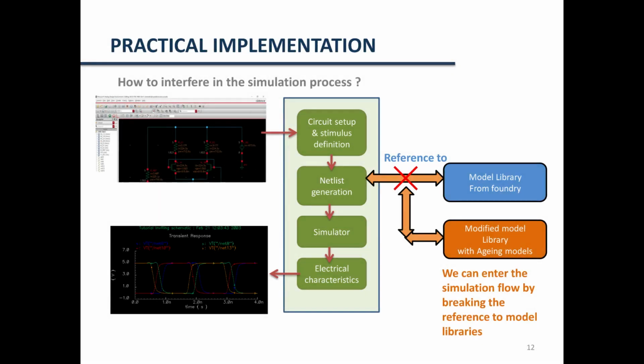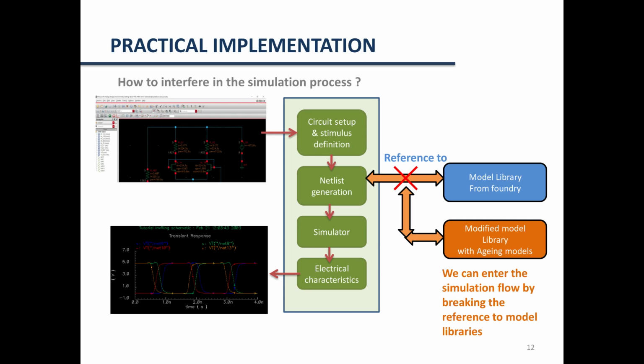So let us talk about the most important part now, which is the practical implementation. We are on slide 12. You have here sketched the basic simulation flow, where we start on the top left with the circuit setup and the stimulus definition, typically in Cadence software, where you just put your various elements.